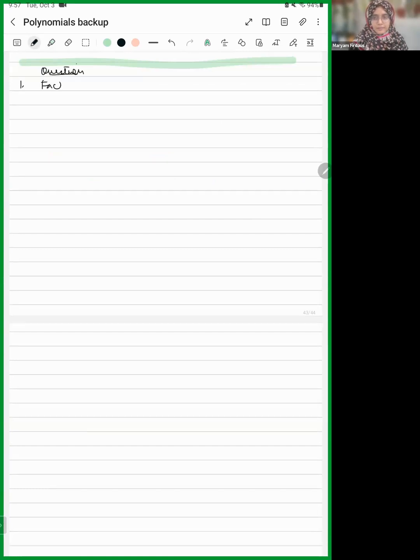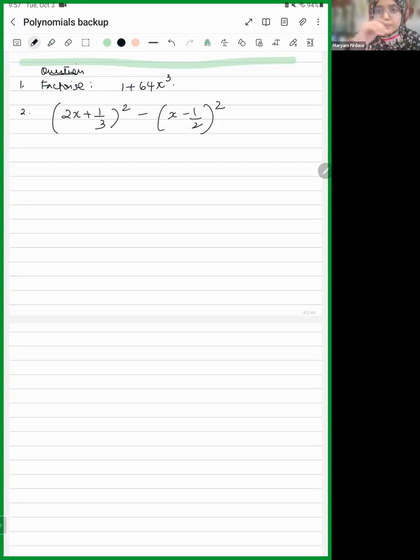Factorize 1 plus 64x cubed. Factorize 2x plus 1 by 3 whole square minus x minus 1 by 2 whole square, using suitable identity.